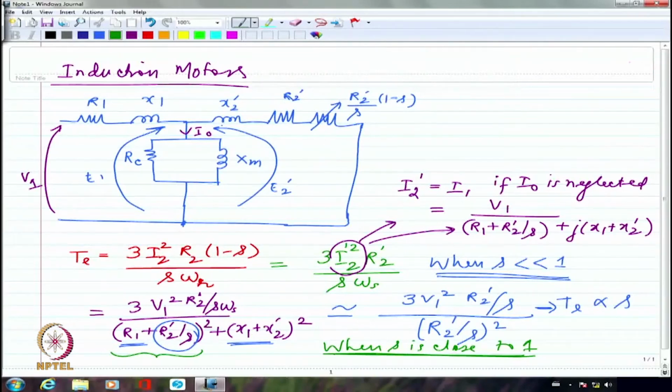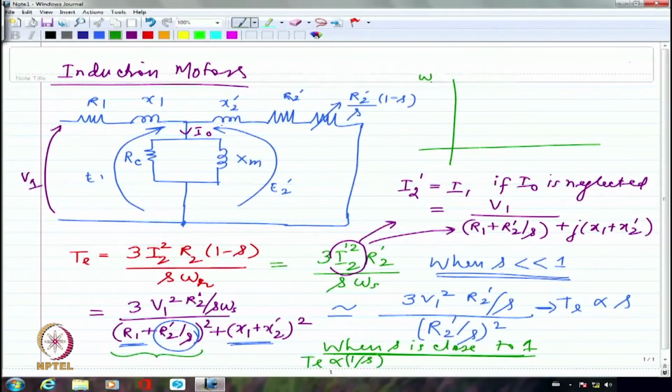So I can directly say that the torque is going to be proportional to 1 by S. This is what happens when the slip is very close to 1, the starting condition.